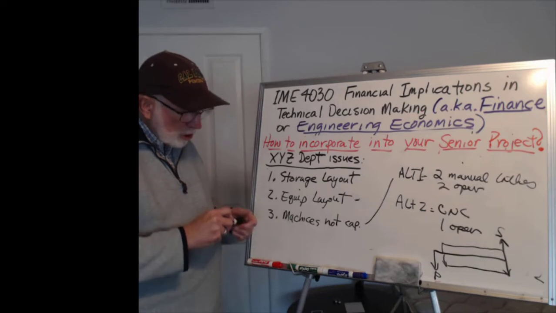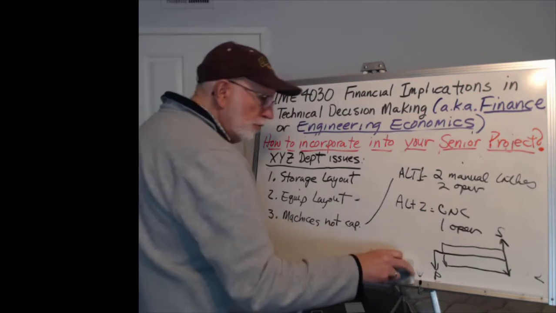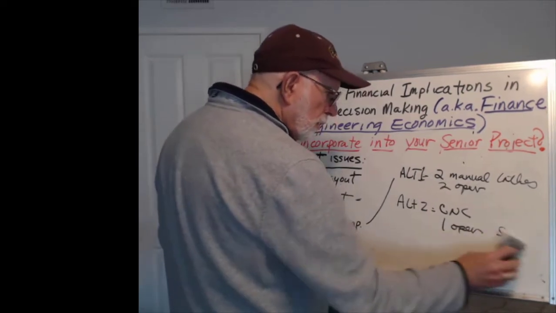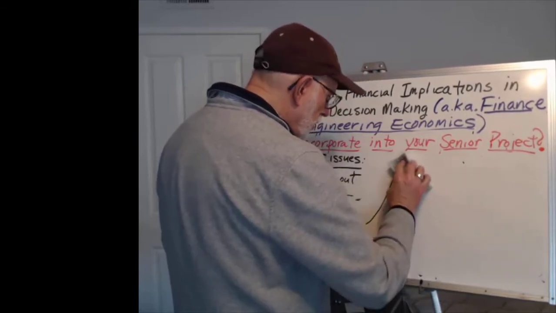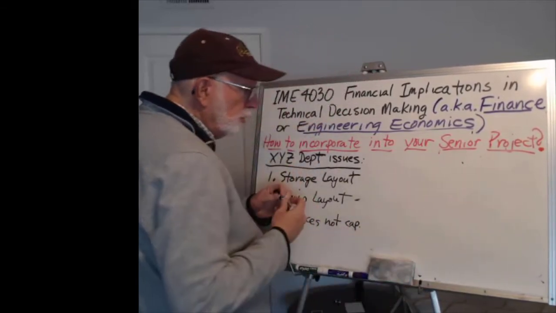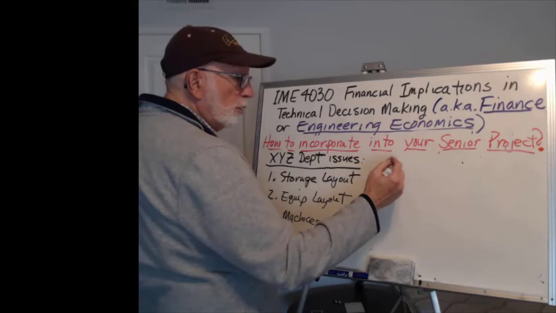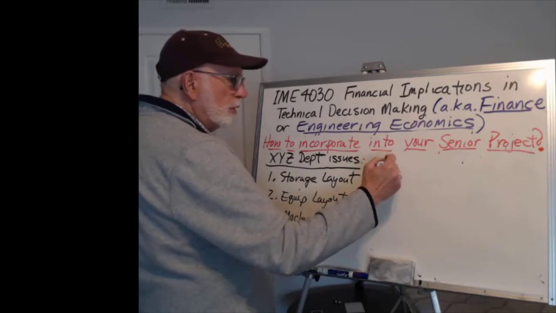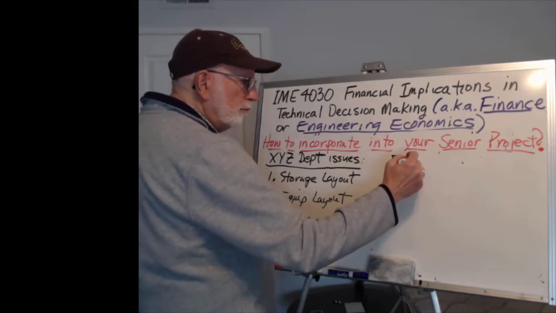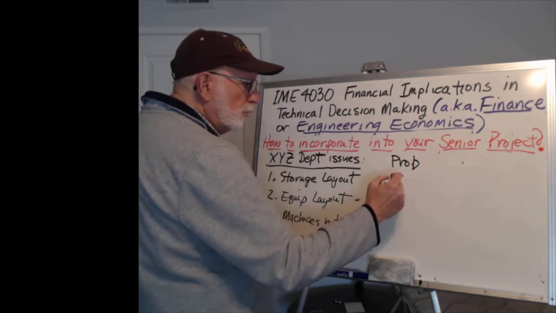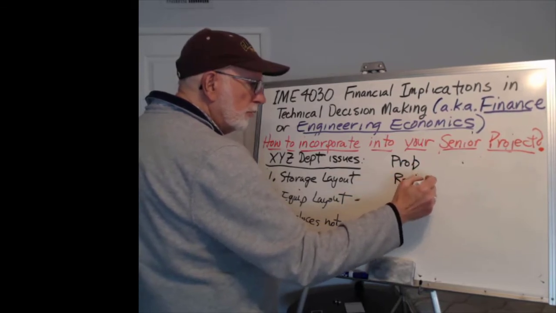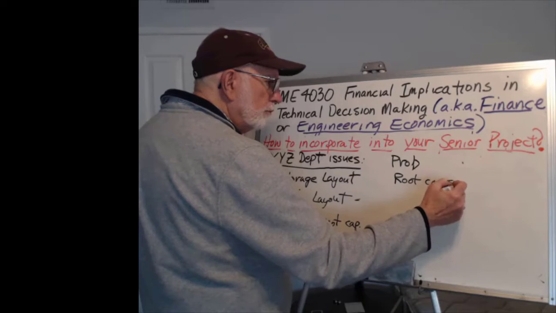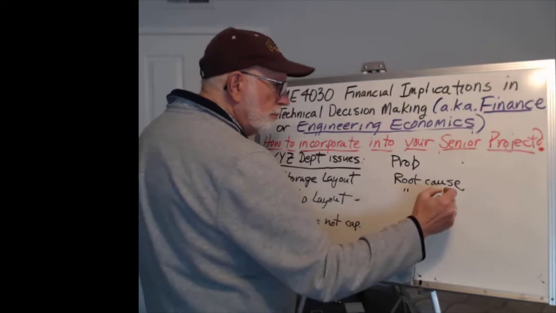So in your written report that you're submitting to management, you would list your methodology. You'd say what the problems were, and then your root cause analysis and the root cause problems.